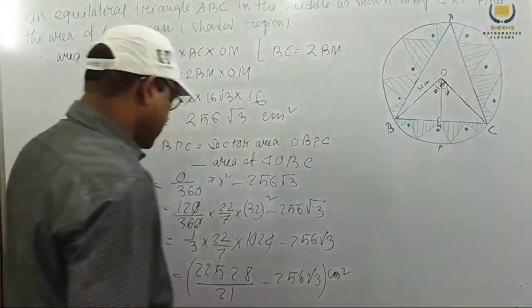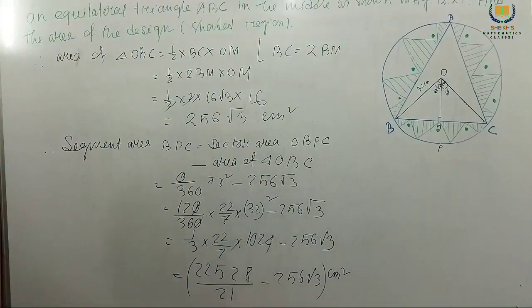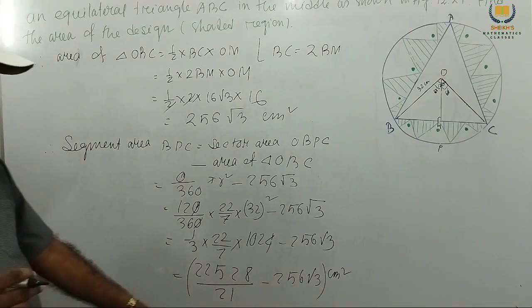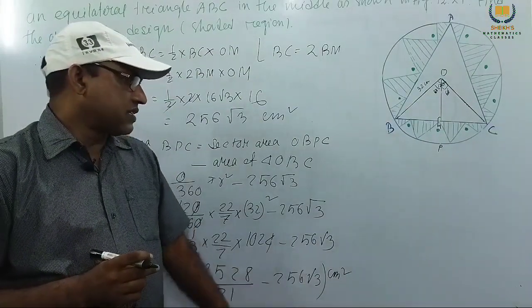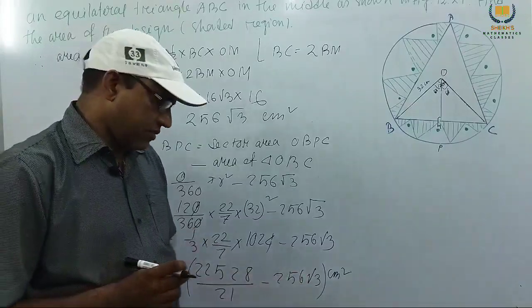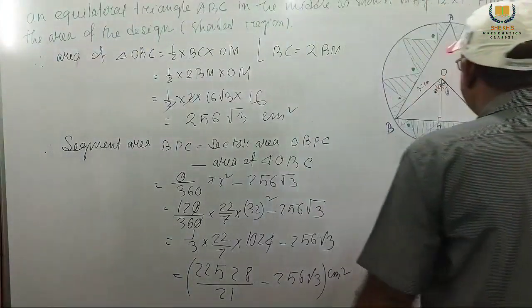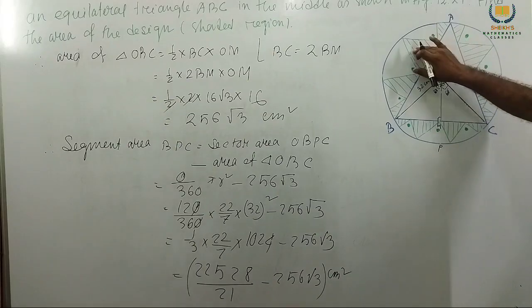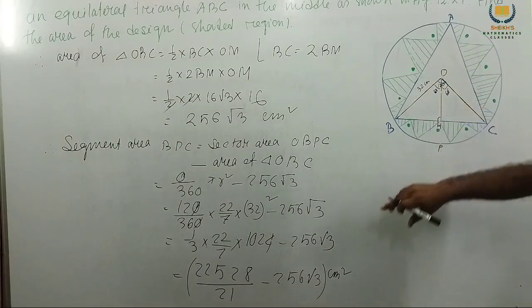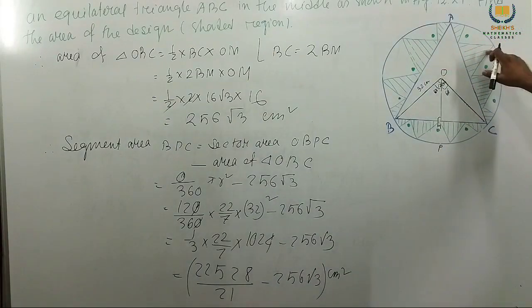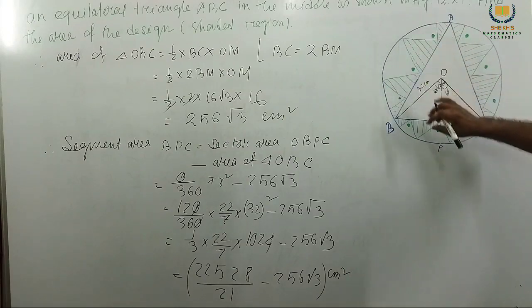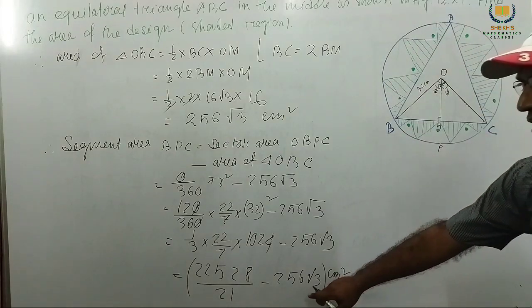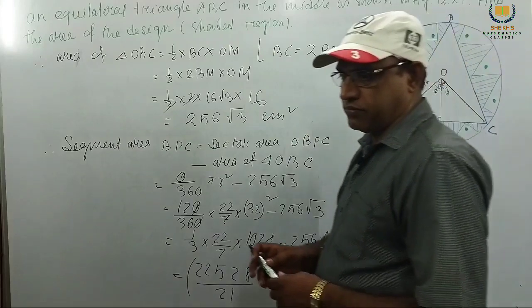We get 22528 by 21 minus 256√3 centimeter square. But our requirement is that of these three portions, only one portion gives this area, and the shaded region means all three, so we just multiply by 3.